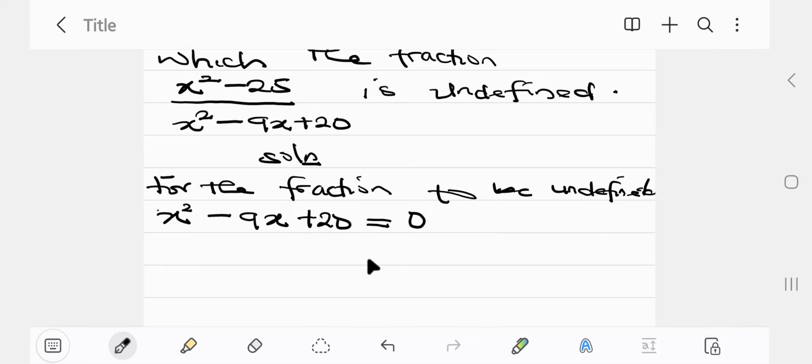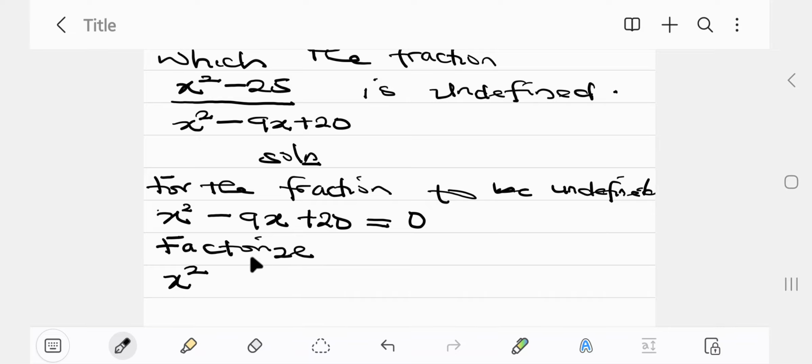So the next step here, or step 2, is to try to factorize this quadratic equation. We have x squared. So how do we factorize this?